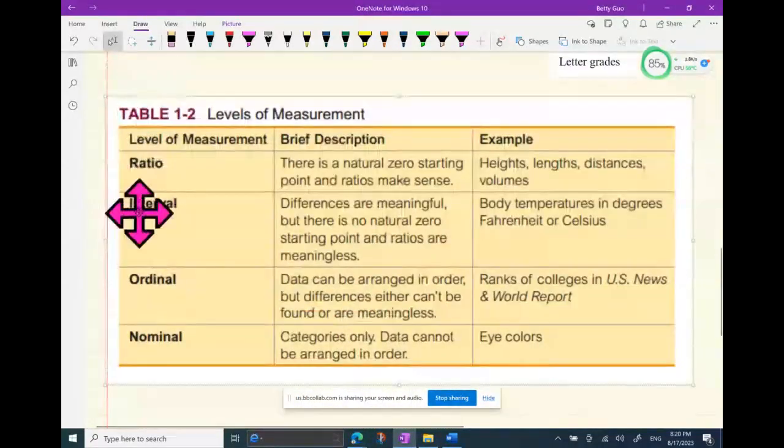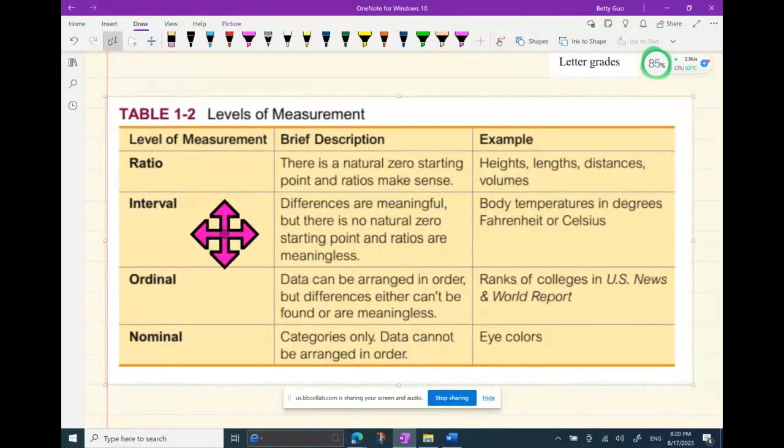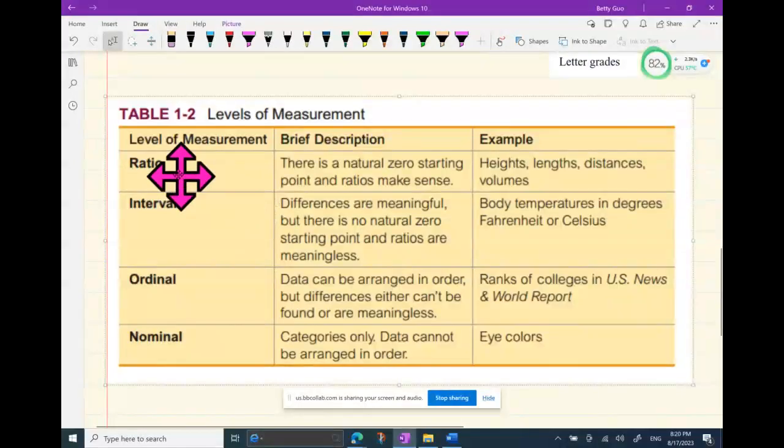And the other two, ratio and interval, those are the two people get confused most easily. Let's read the definition. What kind of data satisfy the ratio level of measurement?